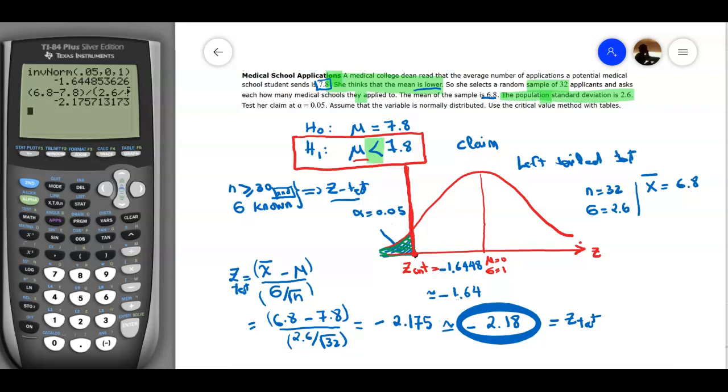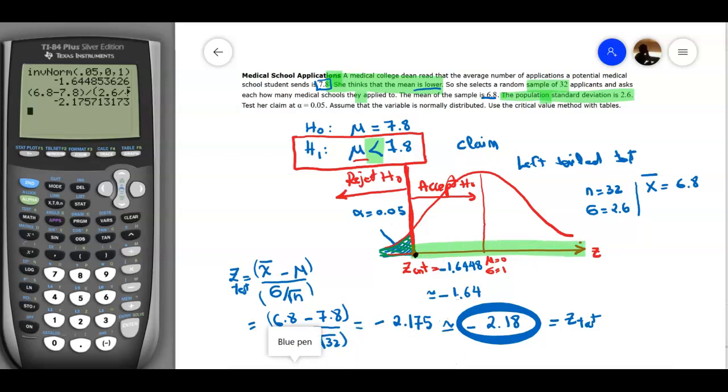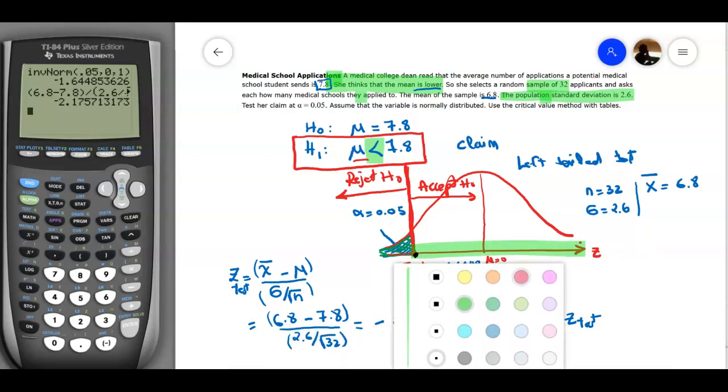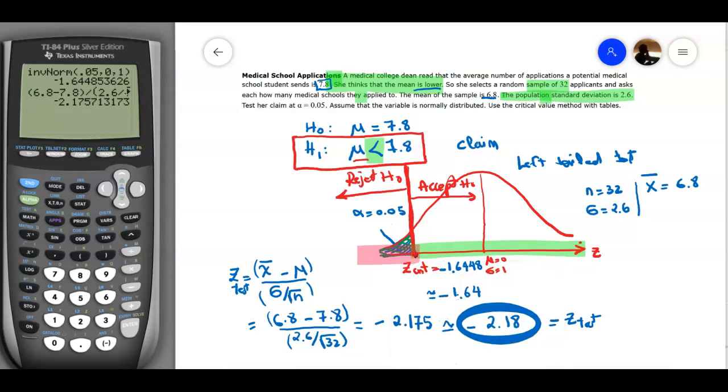Always, whenever you are taking the side of the alpha, that is the rejection zone. So here is reject H0. All right. The other side is going to be the acceptance zone. So over here, accept H0. So we are talking about the z values here. This is the acceptance zone, and this will be the rejection zone over here.